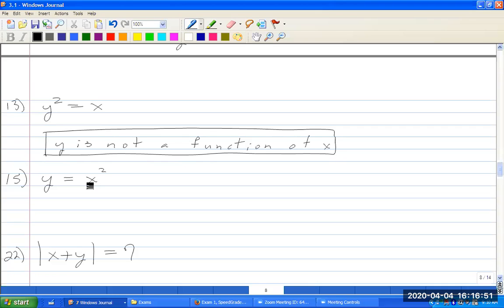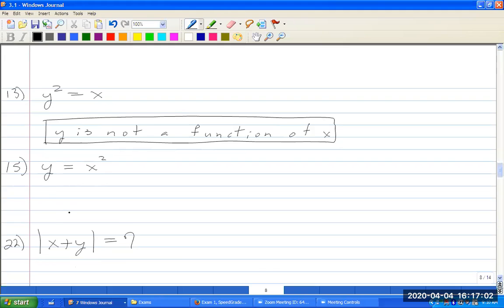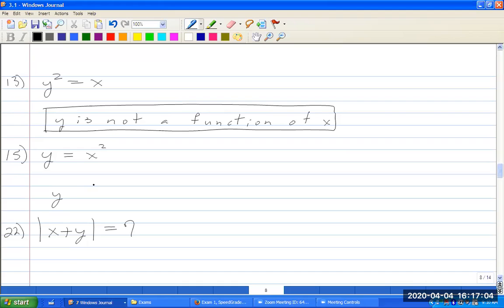And that answer is always going to be the same answer, no matter if you do it at 3 in the morning or 5 in the afternoon. It'll always give you the same answer. So therefore, yes, this is a function of x. So y in this case is a function of x.